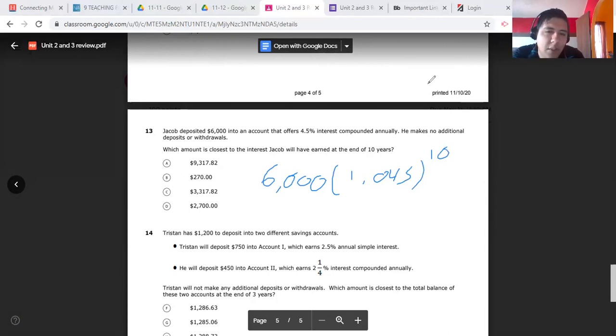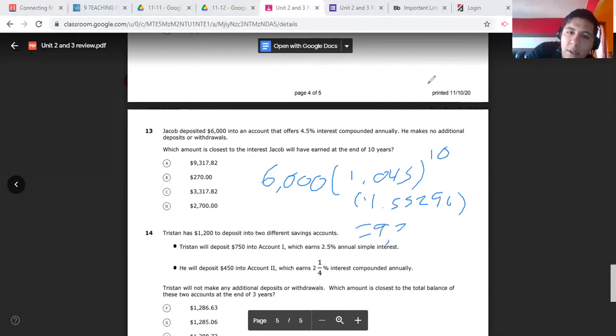This gives us a decimal like 1.55296. Pretty big decimal. But then we're going to multiply this times 6,000. And the answer should be 9,317 with 82 cents.